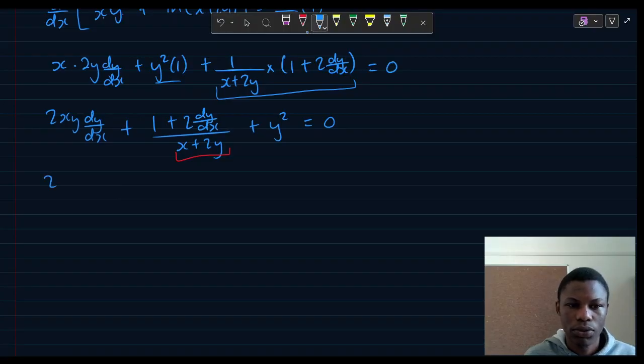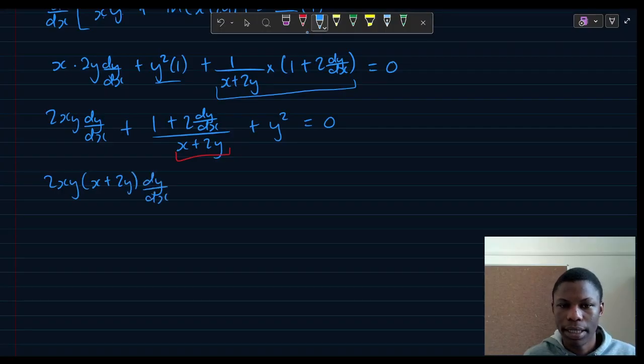So that's 2xy multiplied by the x plus 2y dy/dx. And here that just gets rid of our denominator. So plus 1 plus 2 dy/dx. And then we've got plus y squared, and it's being multiplied by the x plus 2y. This is all equal to 0.